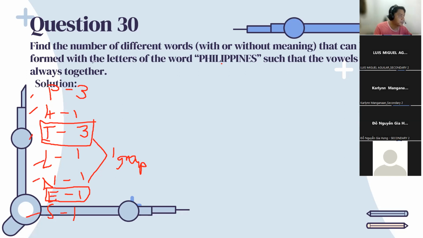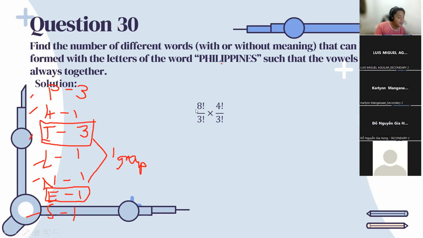We have 8 items to arrange, and because we have 3 P's, that will be 8 factorial divided by 3 factorial, since we have 3 duplicates of P.